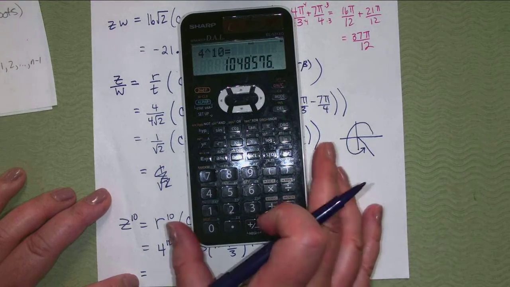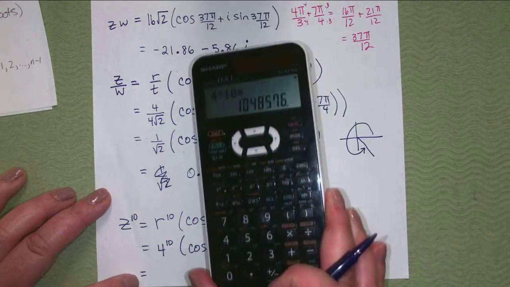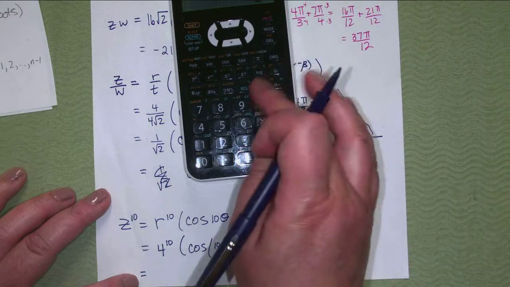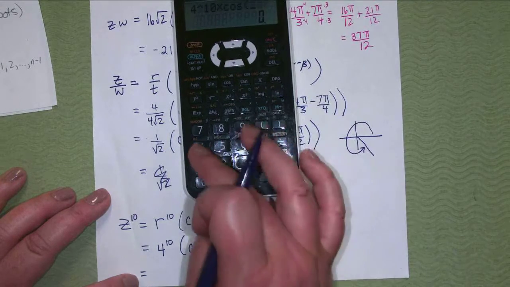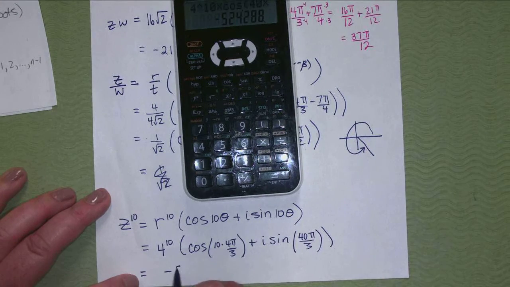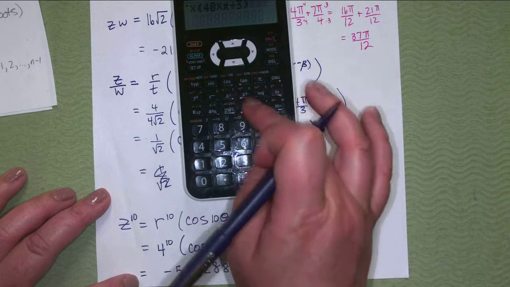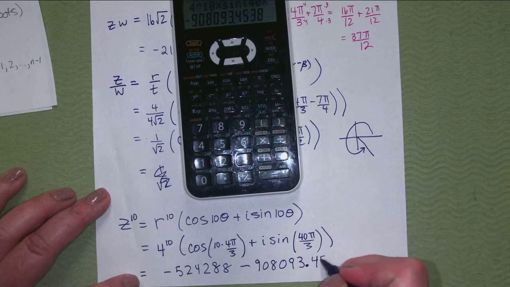I'd probably just leave it as 4 to the 10, but we could do that. 4 to the 10 times cos of 40 pi divided by 3, negative 288, and change the cos to a sine, negative 908093.45i. There it is. Much, much faster.